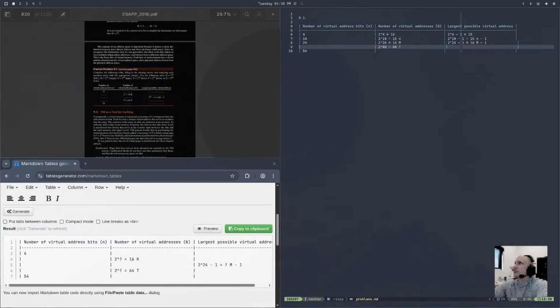Yeah, 46. So that means we have 46 virtual address bits. And then we'll have 2 to the power of 46 minus 1, which will equal 64 terabytes minus 1.